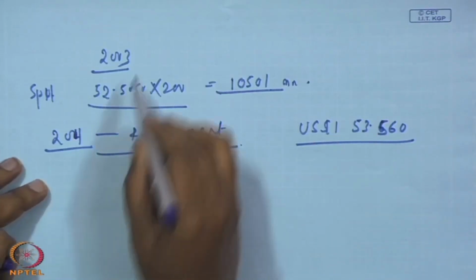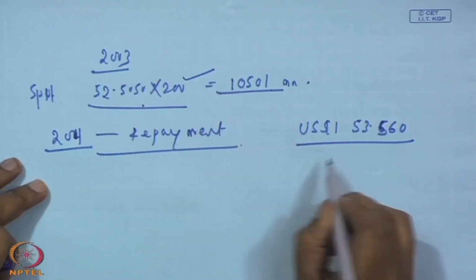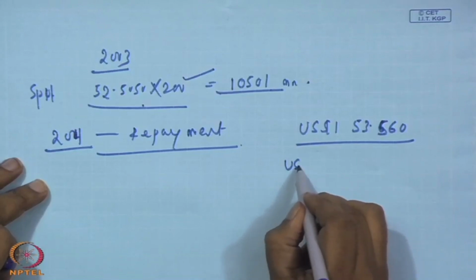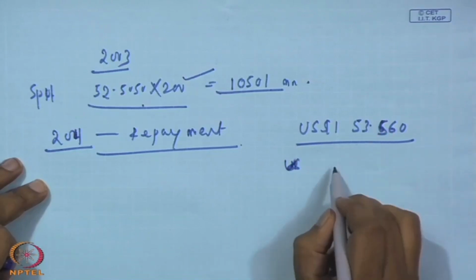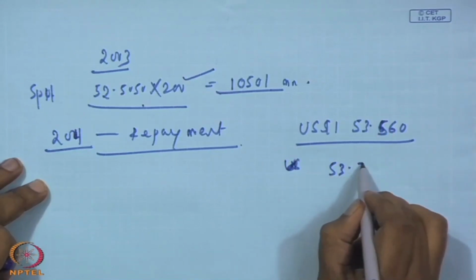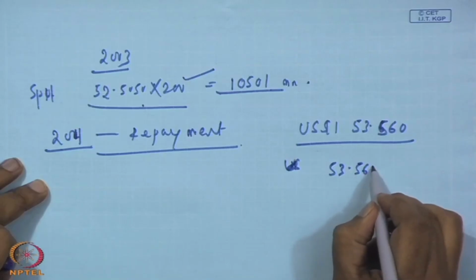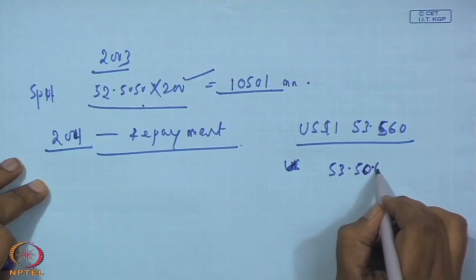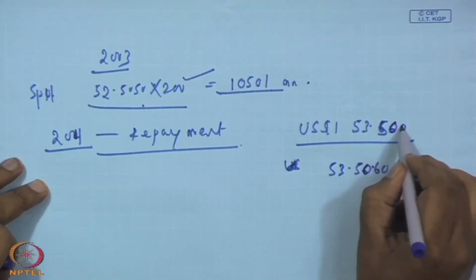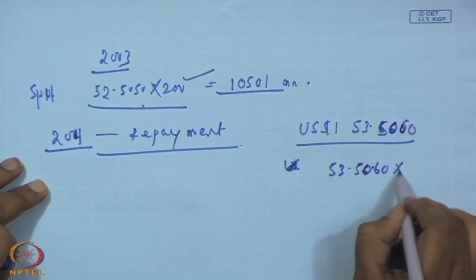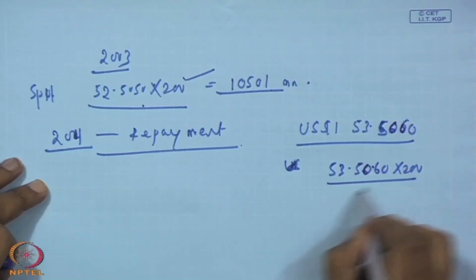How much would he repay? $200 million. So the rupee rate is 53.50, and how much will he repay? 53.5060 multiplied by 200.